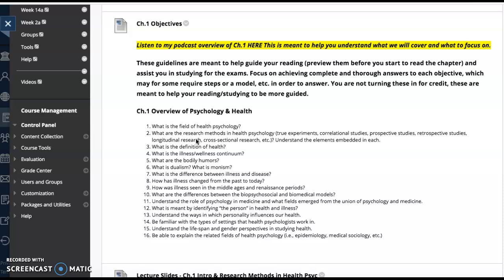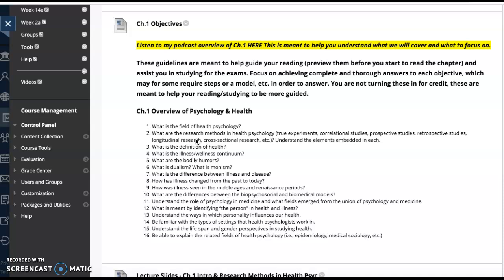You'll also be looking at a big portion of the chapter, towards the end actually, is the research methods in health psychology. So every discipline within psychology, every subdiscipline has its own ways of measuring and assessing the aspects of its discipline.